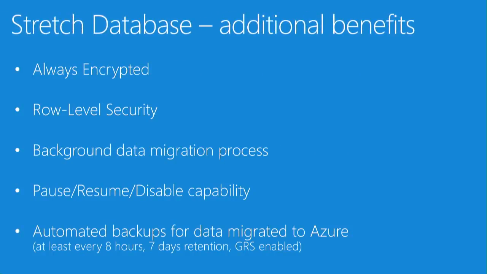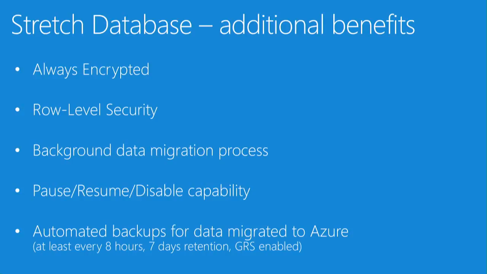All right, a couple of other things here. Always Encrypted and row-level security. Is anyone using either of those two features today in SQL 16? No hands? Okay. These two components are something we introduced with SQL Server 2016 as ways to enhance the security within the database engine. Both of those components are fully compatible with Stretch Database.